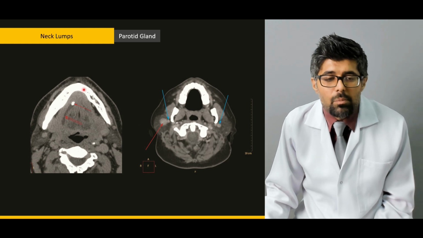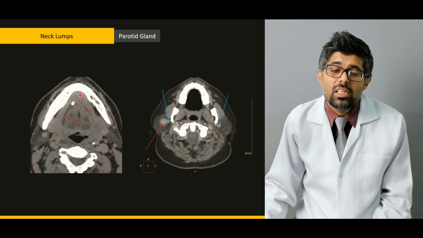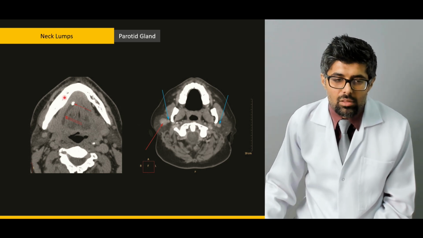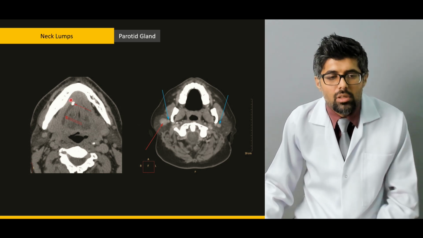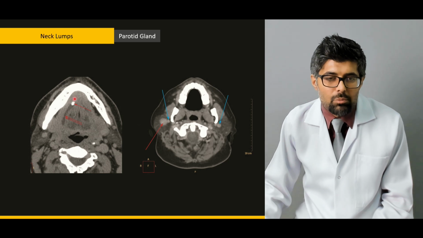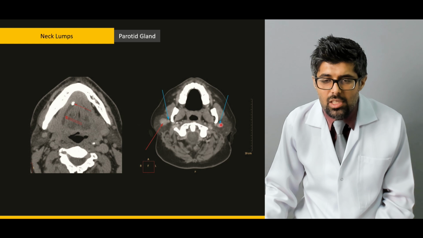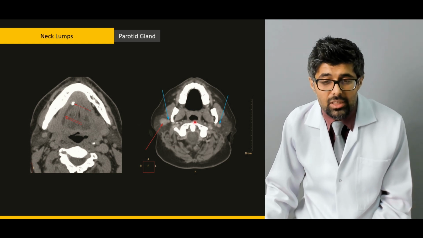The first image actually displays the submandibular gland. This little shadow here is the calcification in the duct of the submandibular gland. And here we have the parotid glands. Both are the salivary glands.